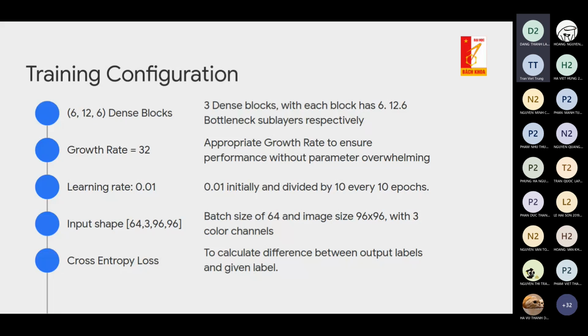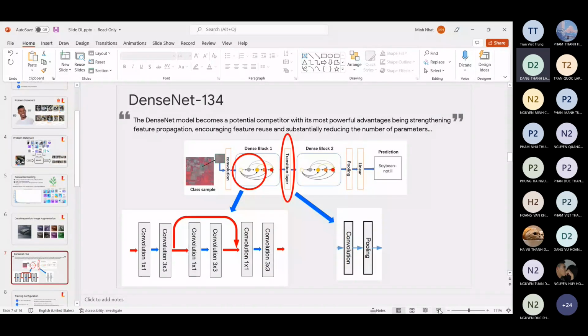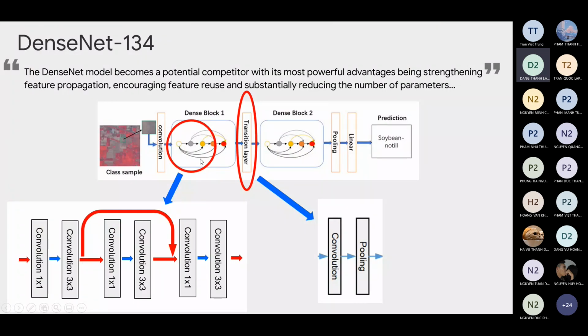Can you explain again? I will share my slide. The growth rate is the output of one circle here. The first circle has an output of 32, and the output flows to the second.